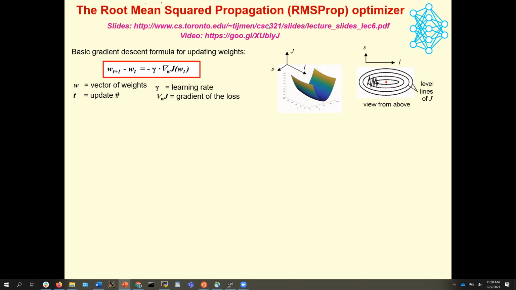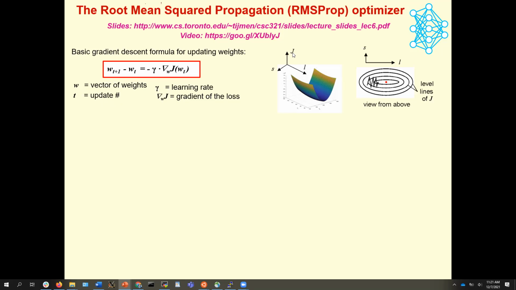The behavior of why we need RMS-prop could be understood if we consider this particular example, when W is two-dimensional. It's multidimensional in general, but let's consider a simple case when the dimension of W is 2.